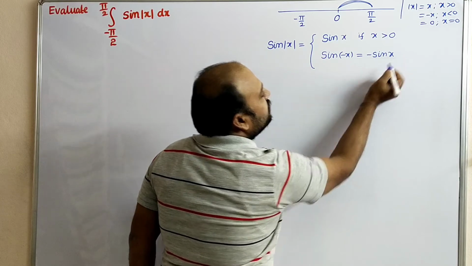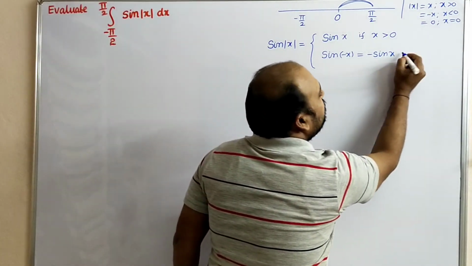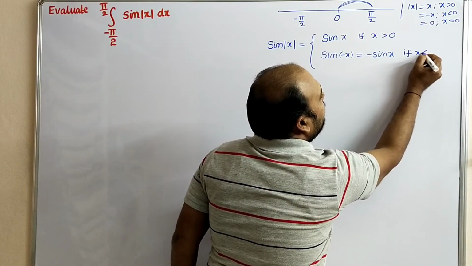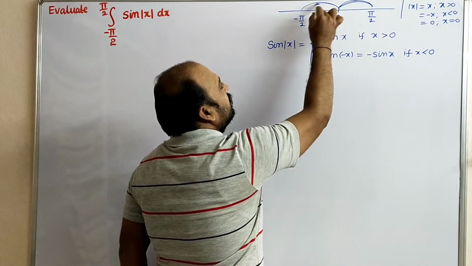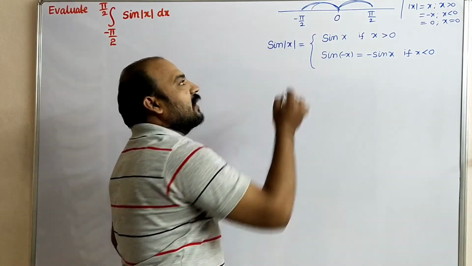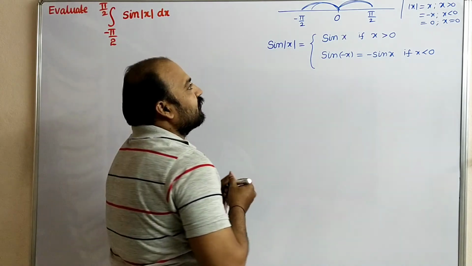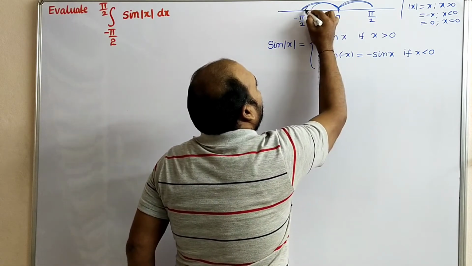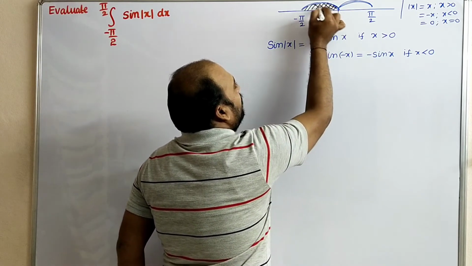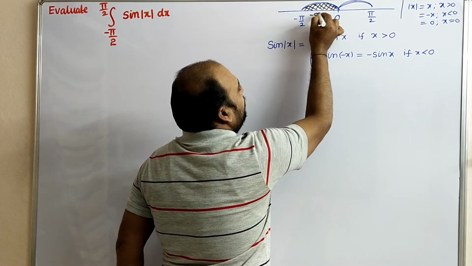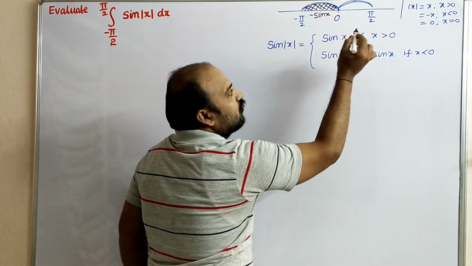Sin of minus theta is minus sin theta. When will it be possible? If x is less than 0. X is less than 0 means from here to here. In these intervals, from here to here, the value of sin mod x will become minus sin x.